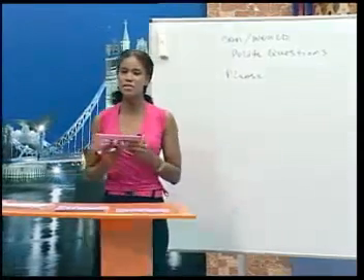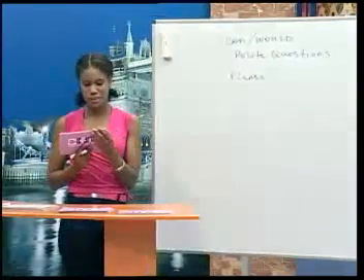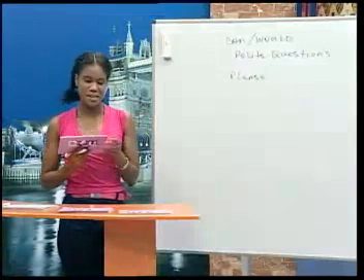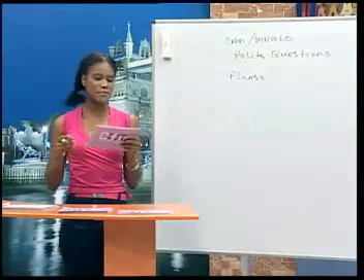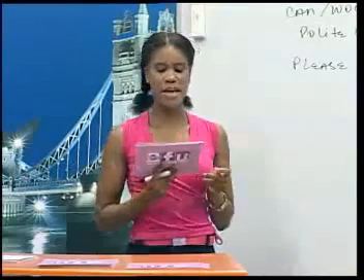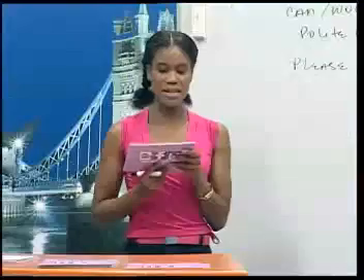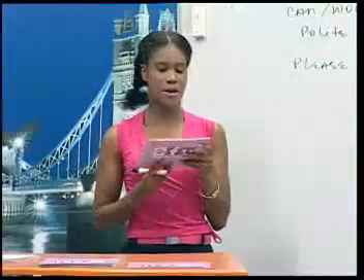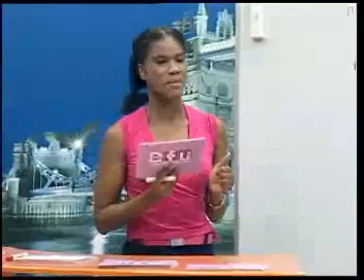Okay, let's practice using these question words. Sylvia, let's pretend you work at an information desk at the airport. Alberto, you work at the ticket office at the bus station. And Linda, you are at the train station. So, Alberto, can I buy a ticket to Rome, please?